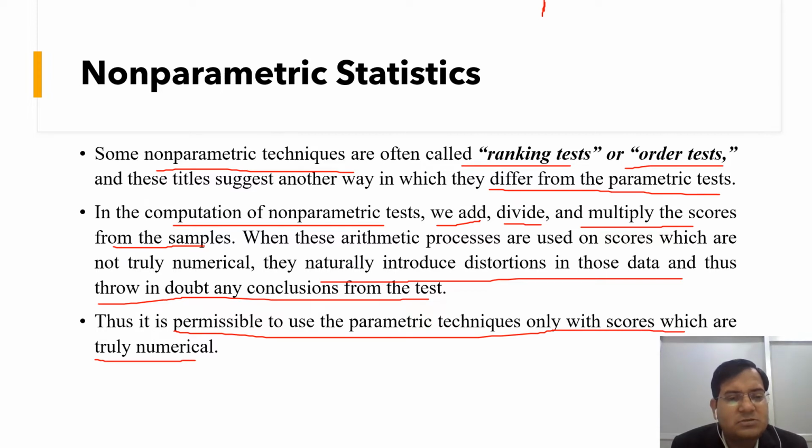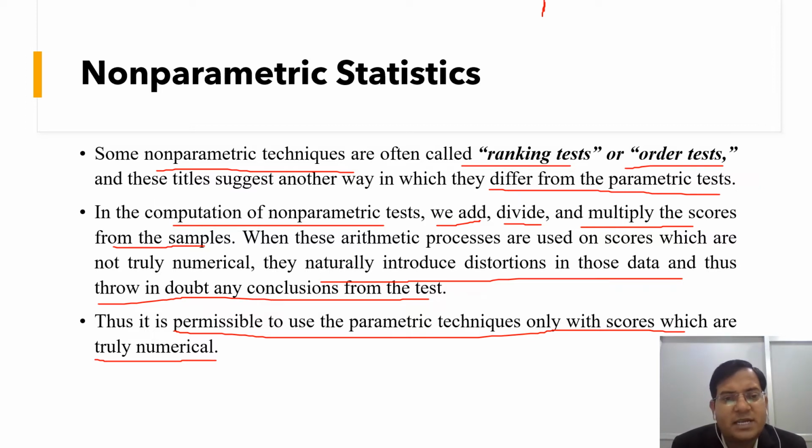True numbers means numbers in numerical form. Suppose we are talking about the length of a particular thing or the weight of a particular thing, these are true numbers. But if we talk about your idea, your thought, your attitude, these variables are not considered true numerical values. We just give a numerical value to our thought and idea, a score.